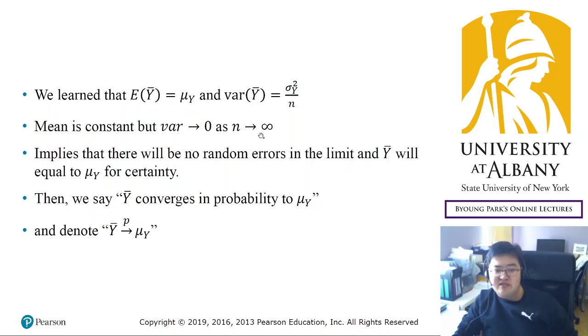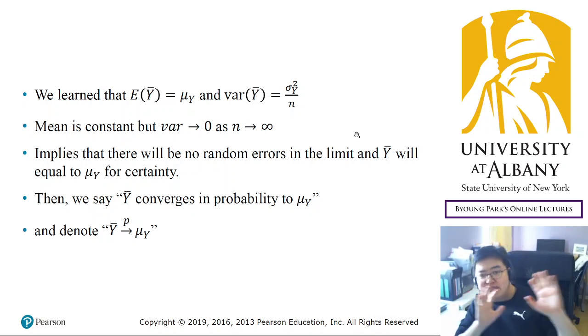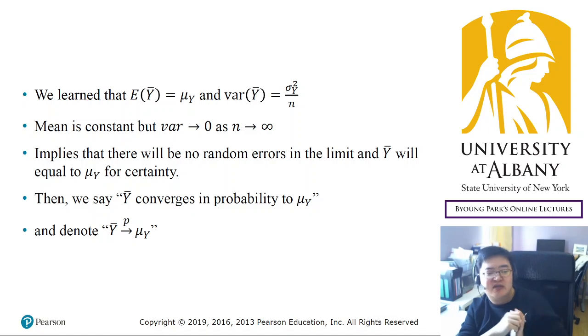Because the mean does not change, in the end there is no randomness, no uncertainty, no noise, no errors, and that means y bar will always be mu with 100% certainty in the limit. By the way, this is not mathematically rigorous, but roughly speaking, it's not wrong.